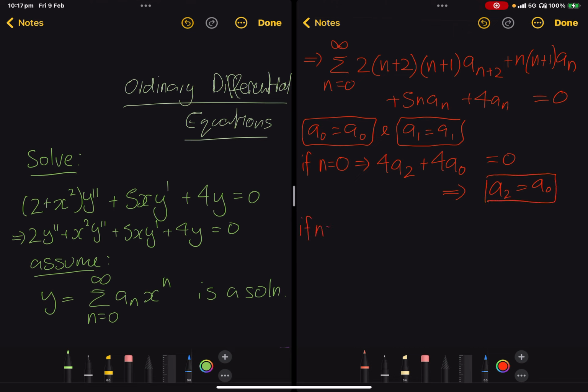Now, if n is equal to 1, we find that 2 times 3 times 2, well, that is 2 times 2 is 4 times 3 is 12. We get 12a3 plus 1 times 2, that's 2a subscript 1, plus 5a1, plus 4a1 is equal to 0.